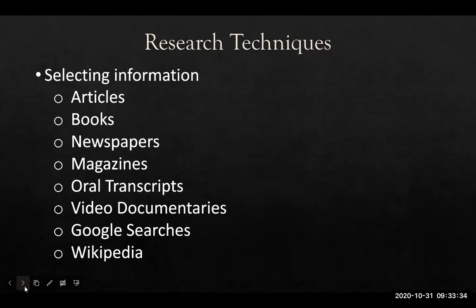Another place is transcripts or oral information. So someone sits down with an individual and interviews that person, maybe a particular historical figure or a person that saw a particular event, and then a transcript is made from that.